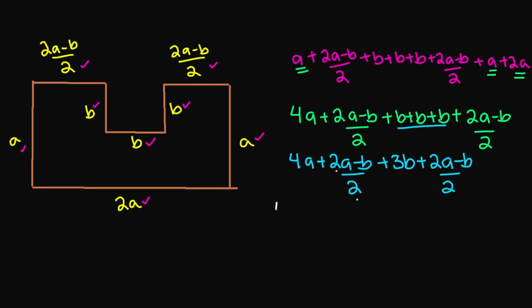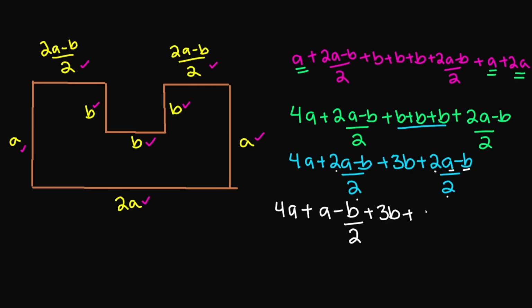We have 4A. So here my 2's are going to cancel out. So you're going to get A minus B, and your B here is going to be over 2, and then plus 3B. And the same here, your 2's are going to cancel out. So you'll be left with A minus B, and that B is going to be over 2.